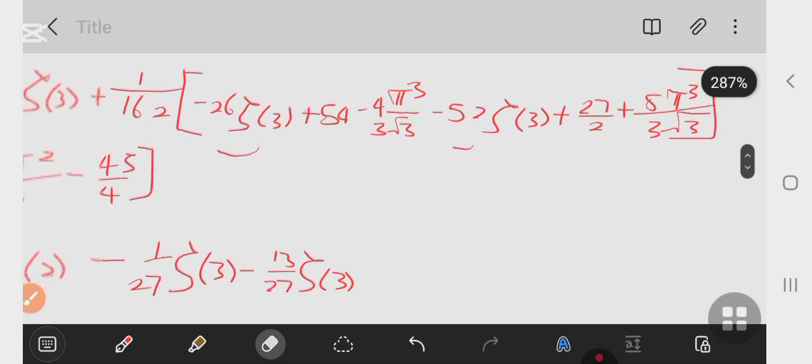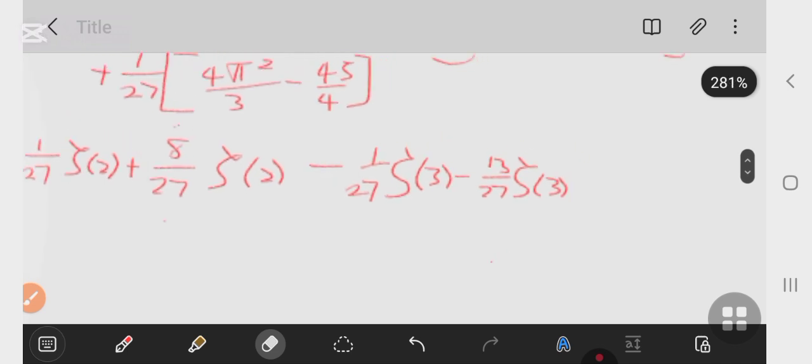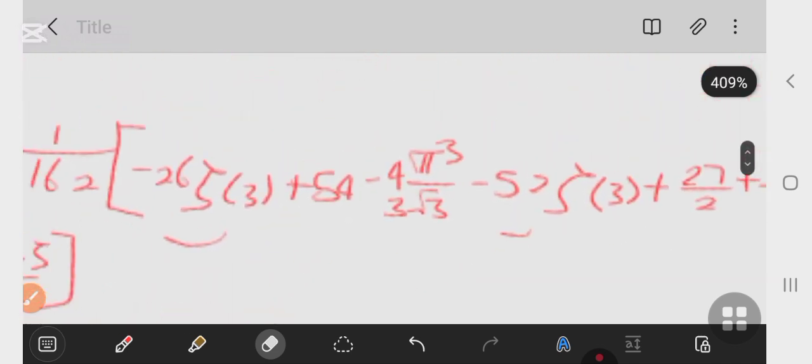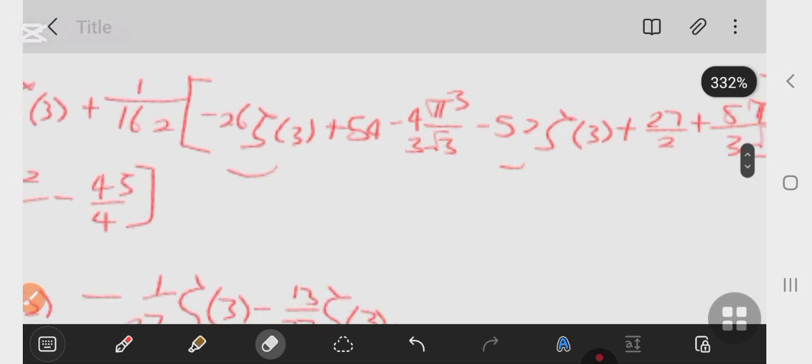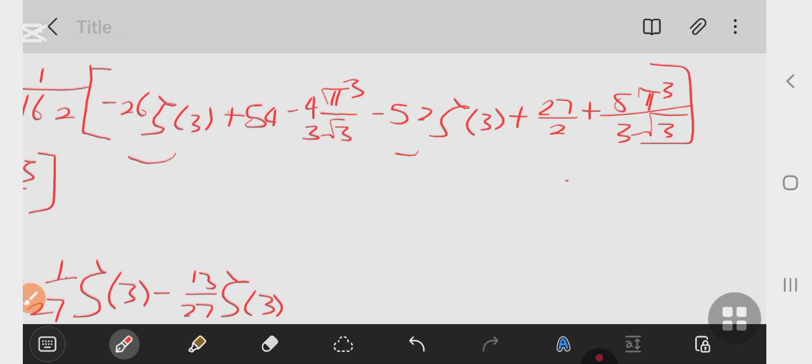then what else is remaining? Then we'll work with the constants. Okay, leaving something behind. Then here, this is 8 pi cube over 3 root 3. This is minus 4 pi cube over 3 root 3. So when the two of them add, I'll have that 8 minus 4 is same thing as 4, so the addition of the both will give me 4 pi cube over 3 root 3.